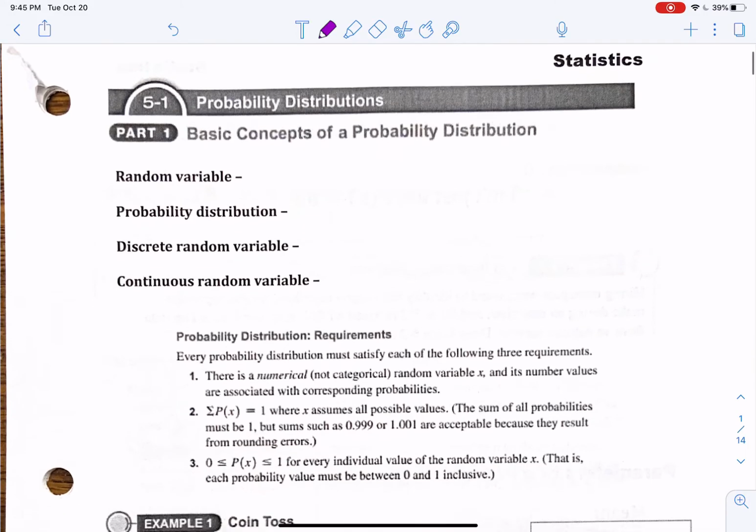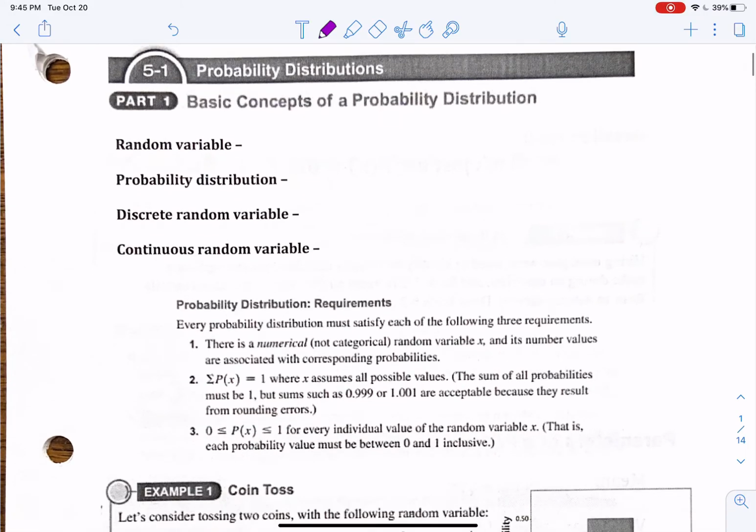So 5.1, they start us off with some vocabulary for probability distributions. The first one is a random variable. A random variable is just a variable, like x, that has a probability of happening.